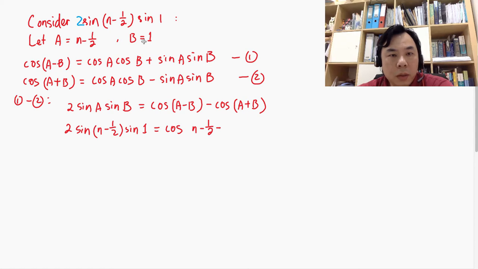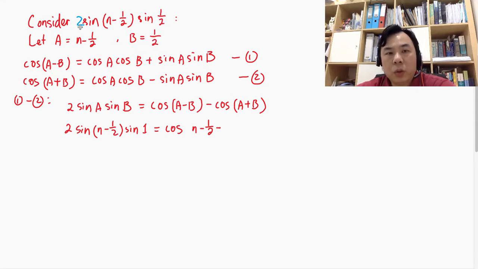Is that correct? Did I get it correct? Just let me check. The A is this. The B is... Oh, all right. I think this one's supposed to be a half. Sorry. Let me correct that. Based on the question itself it is a half. I accidentally wrote this wrongly, so that's actually a half.